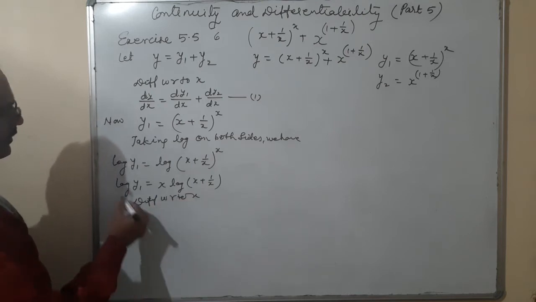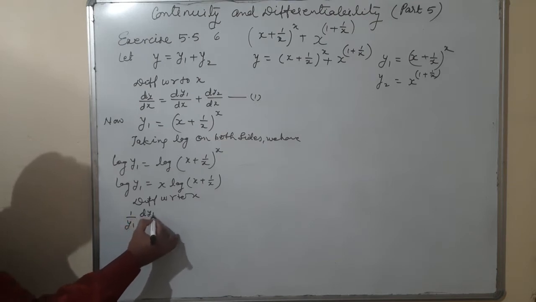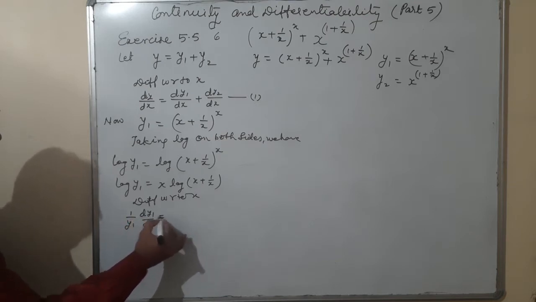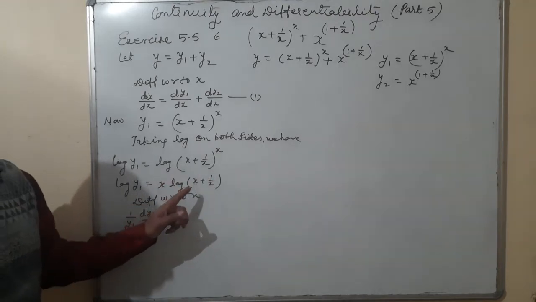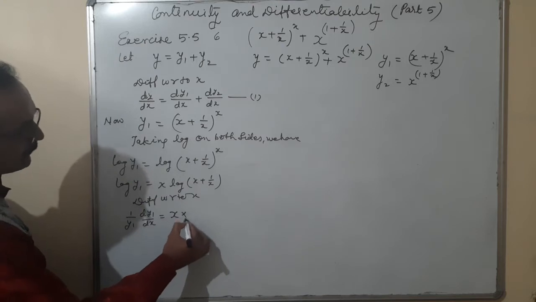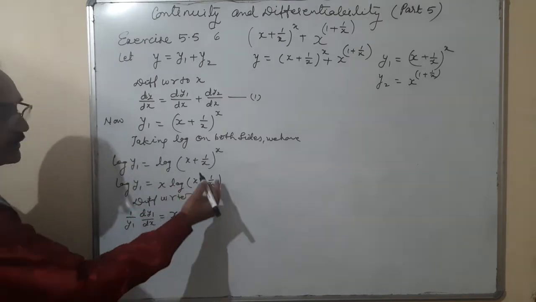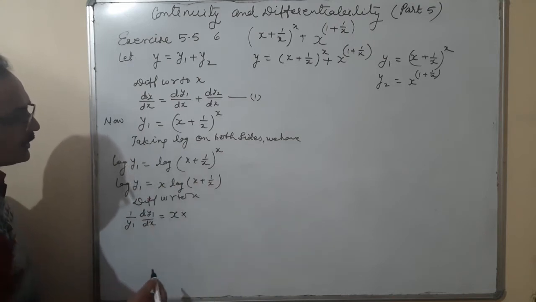Log y1, so 1/y1 dy1/dx is equal to, here the first function is x and the second function is this, using the product rule. First function x, differentiation of second function. What is the differentiation of this term? Using the chain rule, differentiation of log t is 1/t.